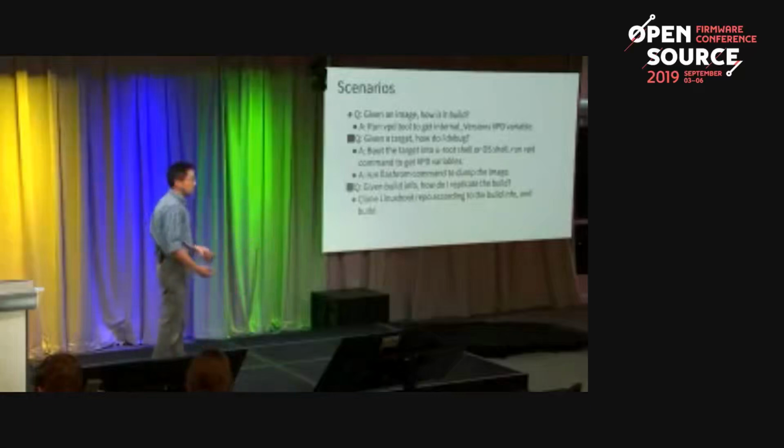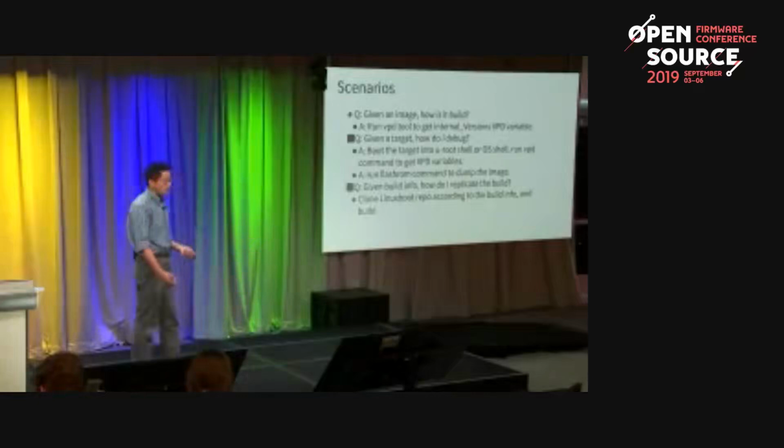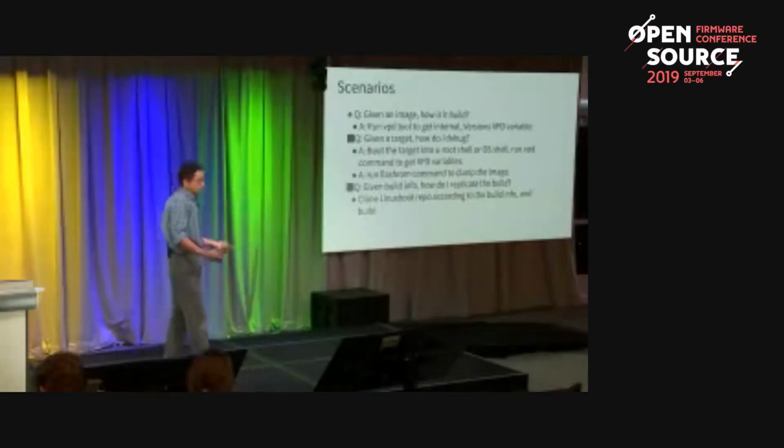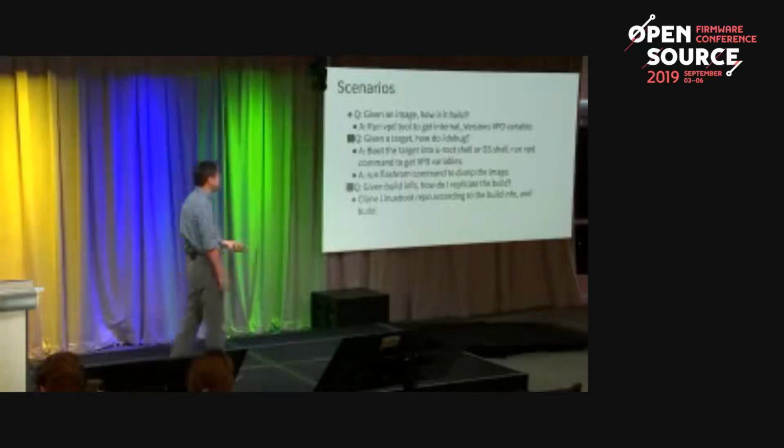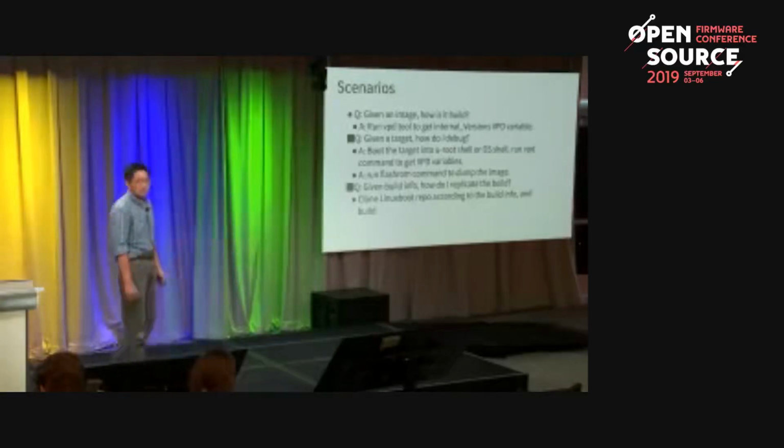You just run the VPD command. Or you just run the flash run command, dump the image out, and then use the VPD command to analyze it. Given build information, how do I replicate the build? You clone the repo according to the build information, then you build. So in that way, we can get a reliable, replicable build throughout the process.